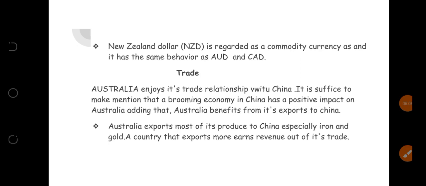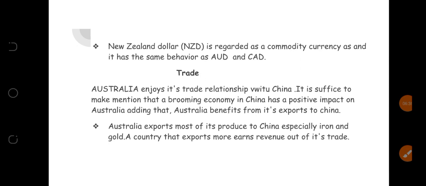So we can mention that Australia exports most of its produce to China, especially iron and gold. A country that exports more earns more revenue out of its trade. Usually, based on the economic system, when a country is exporting more, it earns more revenue.